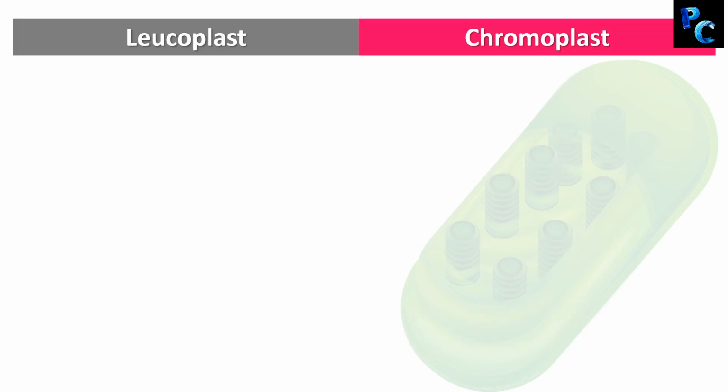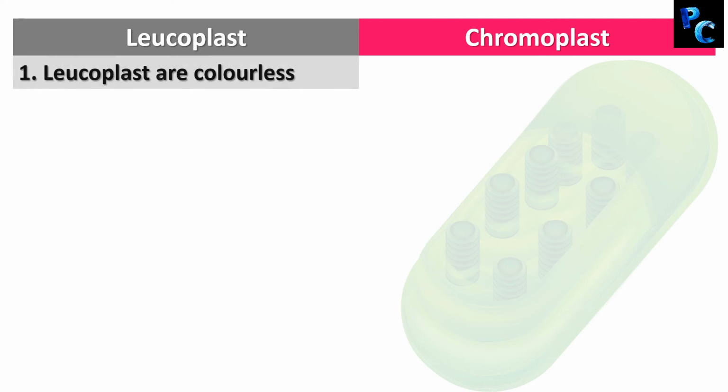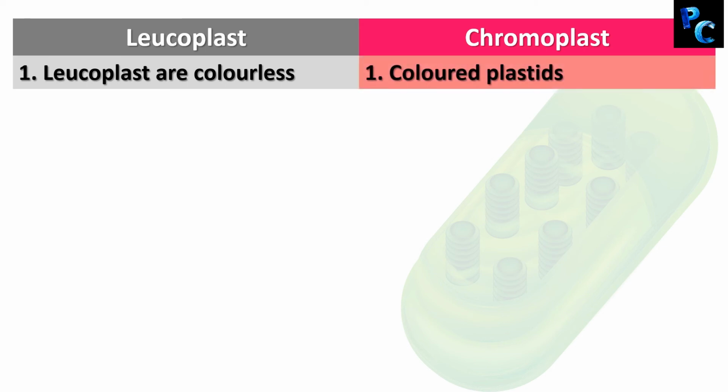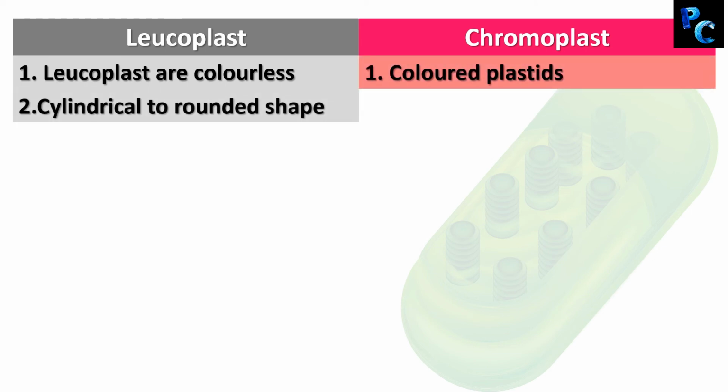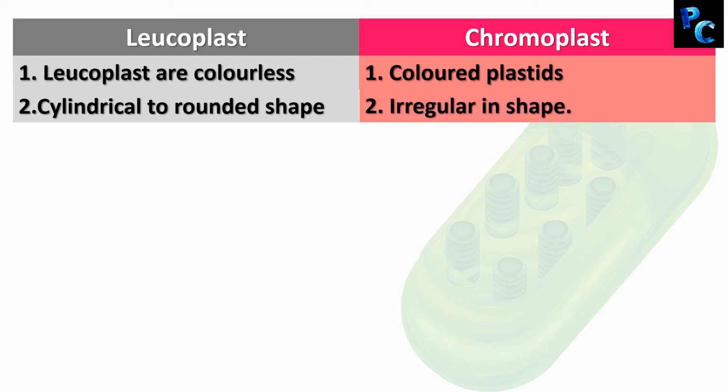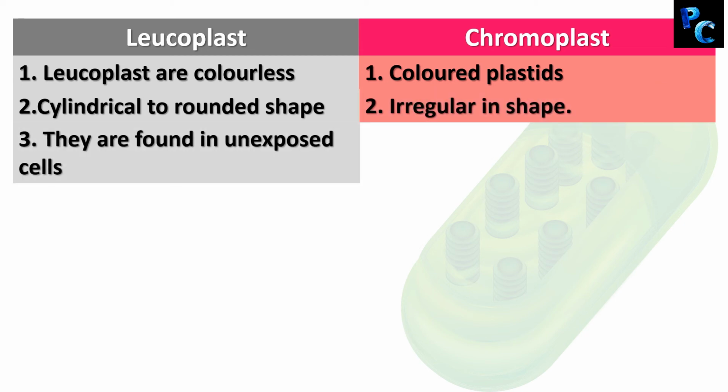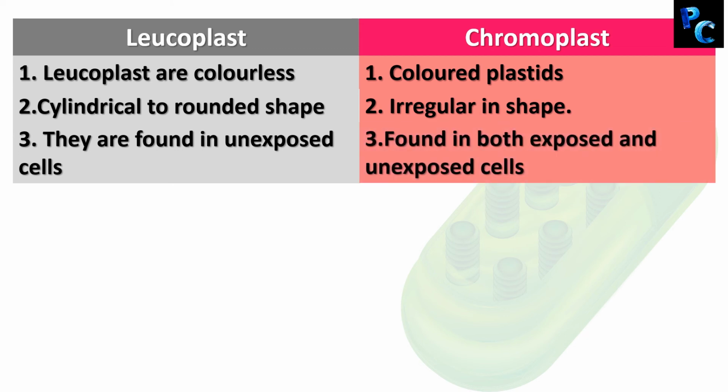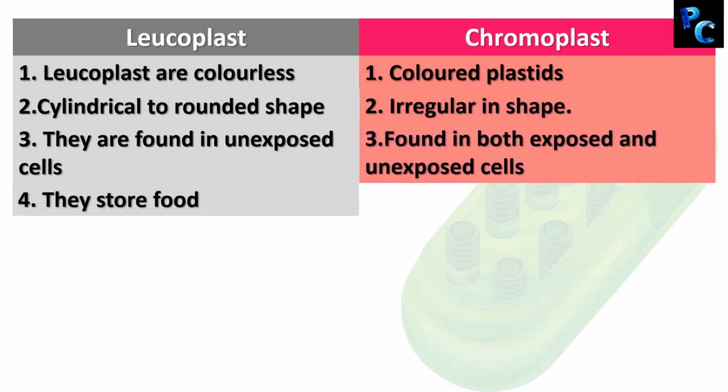Okay, now you know everything about plastids. So can you tell me the difference between leucoplast and chromoplast? Leucoplasts are colorless. Chromoplasts are colored plastids. Leucoplasts are cylindrical to round shaped. Chromoplasts are irregular shaped. Leucoplasts are found in unexposed cells. Chromoplasts are found in exposed and unexposed cells.